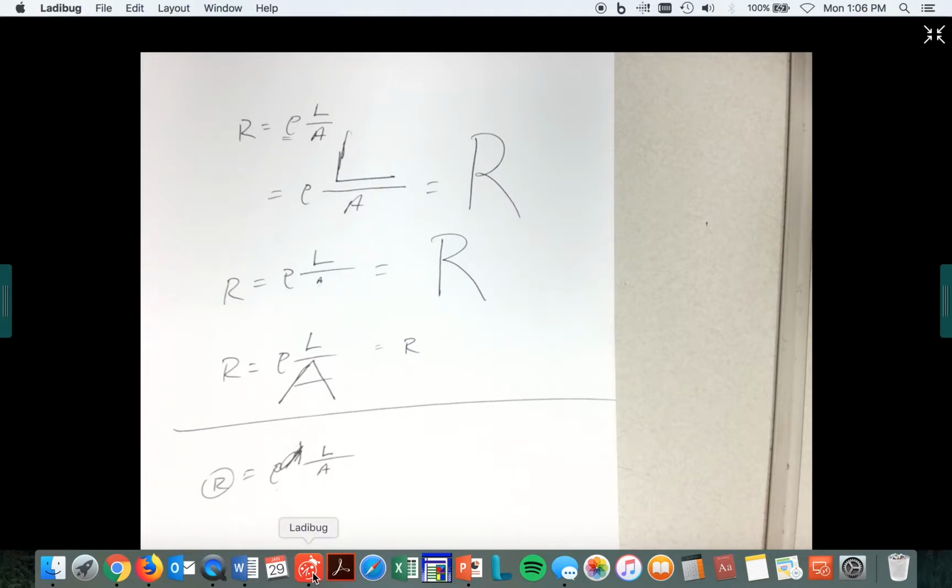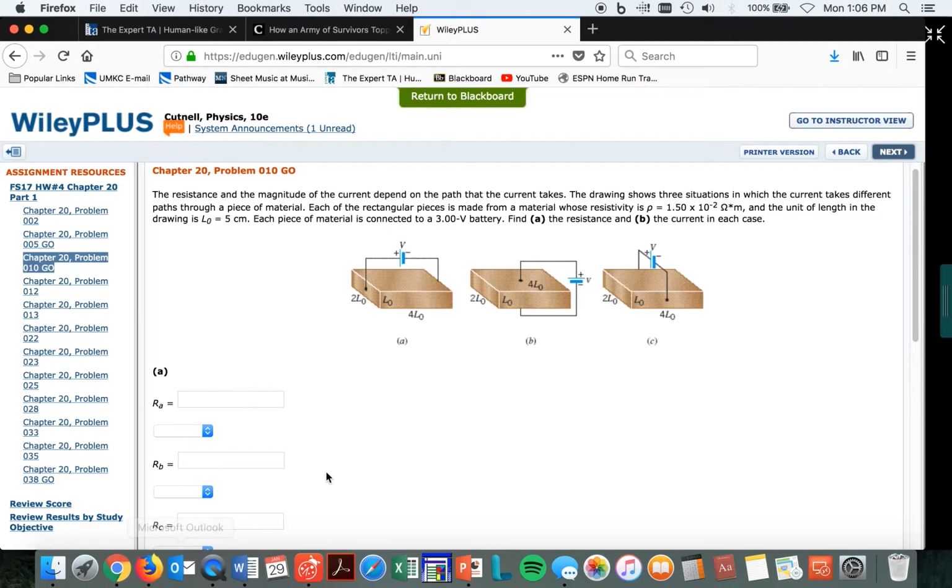Okay, looking at this equation, now let's go to this homework problem. Let's see what it says. The drawing shows three situations in which the current takes different paths through a piece of material.